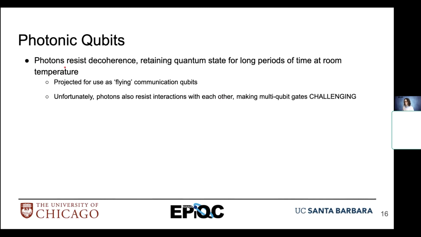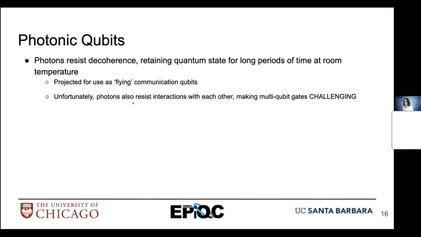If we want to get into more of the details, if you want to implement photonic gates with linear photonics, so linear photonics are elements like beam splitters, wave plates, etc. These interactions are probabilistic because these photons don't want to interact.